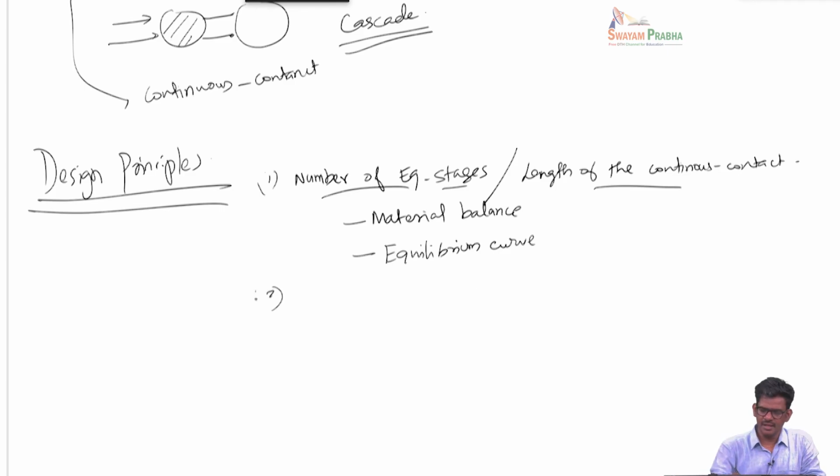The second variable that we need to estimate is the time of contact. So how much time we need to provide to conduct this particular mass transfer operation.